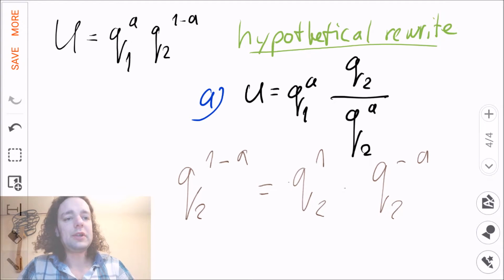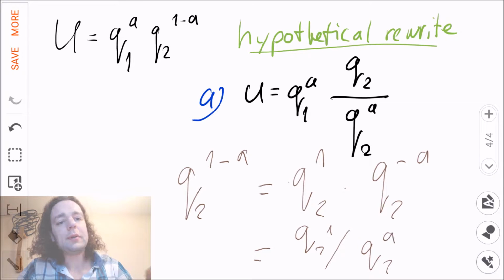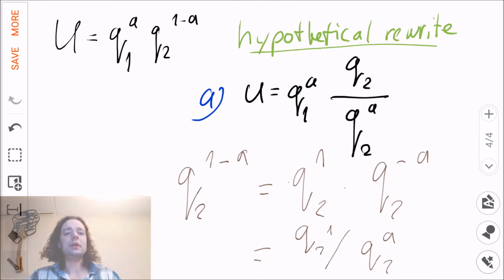We can just split them up. This is acceptable. If we have a negative power, we could also write it as below the bracket without the minus. So we get q2 to the power 1, so q2 a. Okay, you'll get the point.